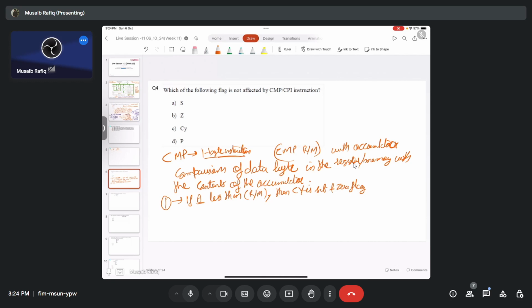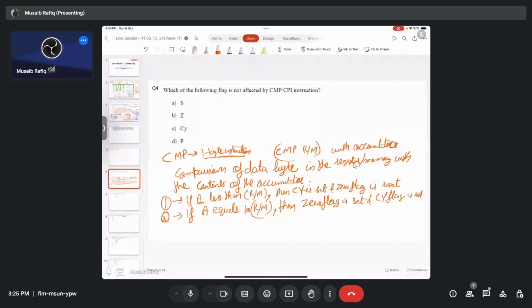Number two: if A equals the contents of register or memory, then the zero flag is set and the carry flag is reset.